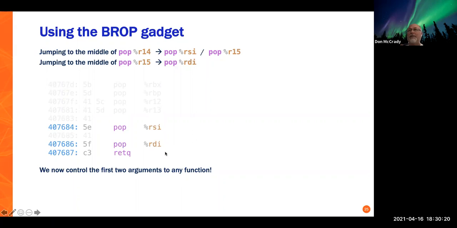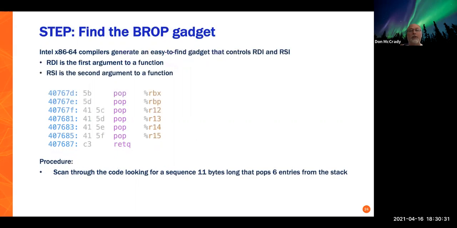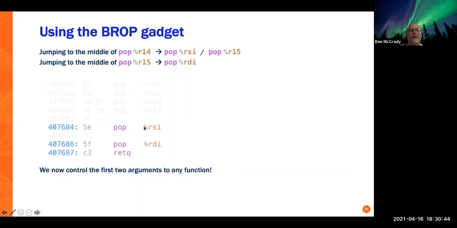So I have the first argument to any function by just jumping into the middle of the pop R15 instruction. And similarly, if you look at this pop R14 right above it, it's at 683. But if I actually misparse it, starting at 684, that pop R15 becomes pop RSI. And it also is followed by pop R15.